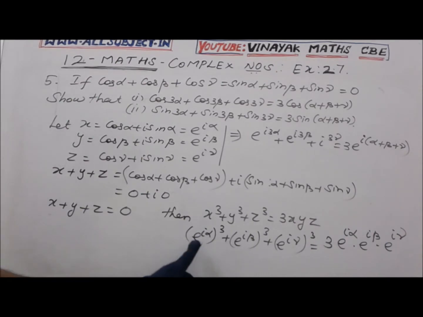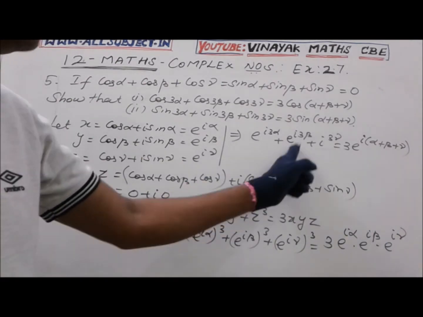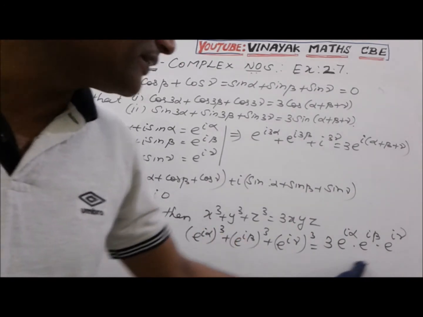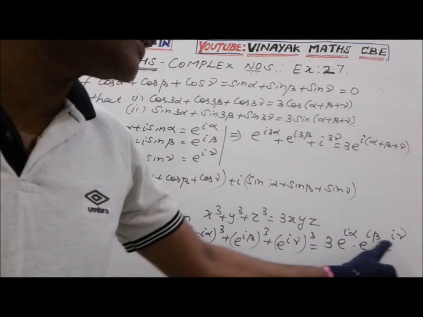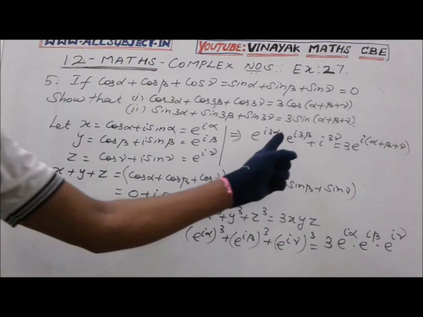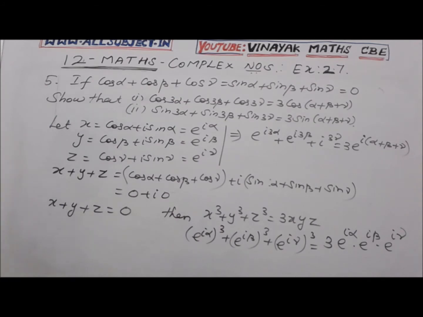It will be simplified as e power i3 alpha plus e power i3 beta plus e power i3 gamma equal to 3 into, bases are equal, we can add the powers taking i as common, alpha plus beta plus gamma. Now we can expand and we will get the remaining results of the two cases here.